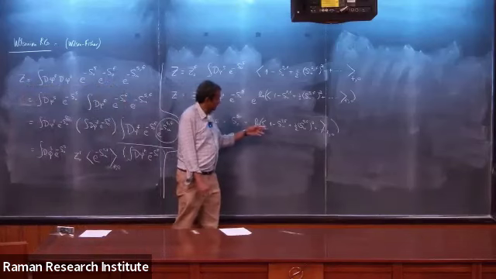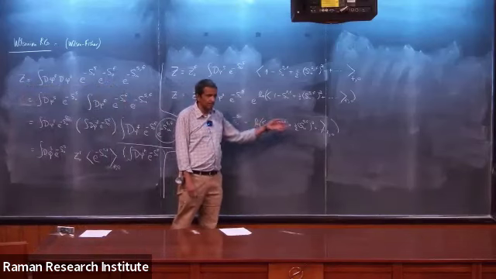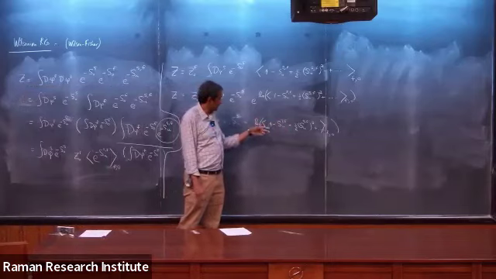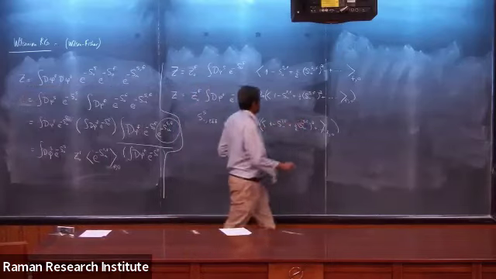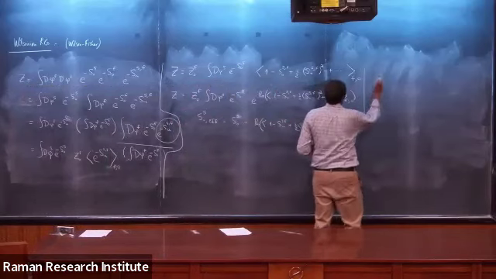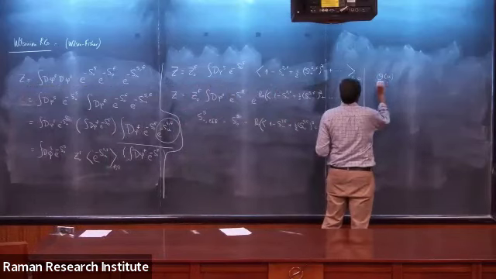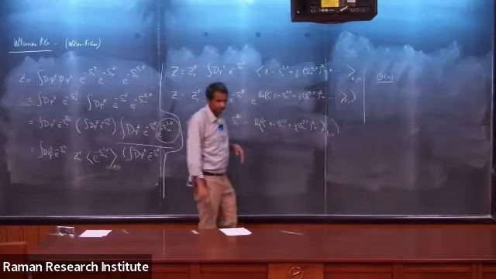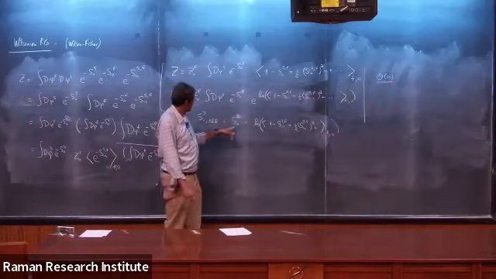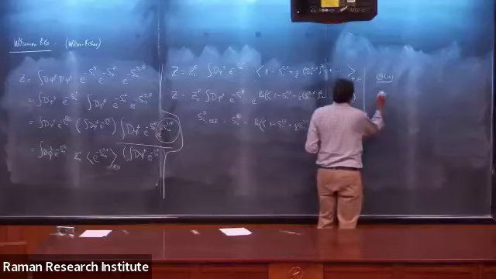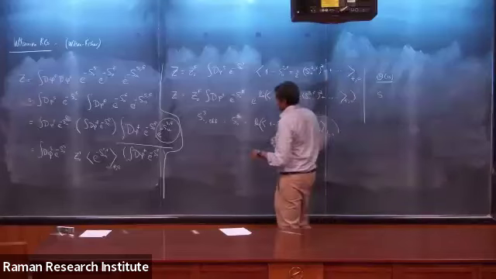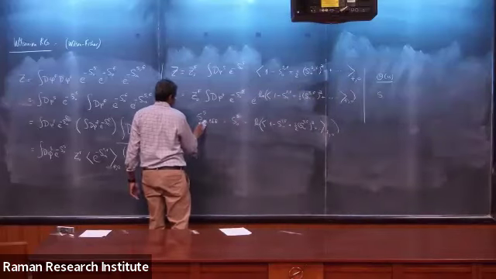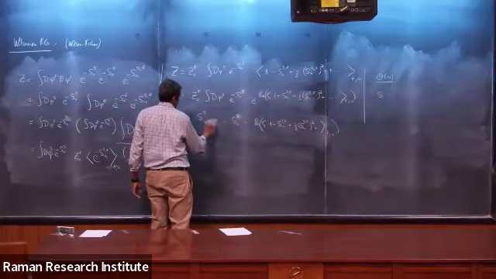So let's try and do this to a few leading orders. Let's do this to just order U for a second. What is this going to look like to order U? This is not S0, so S effective.